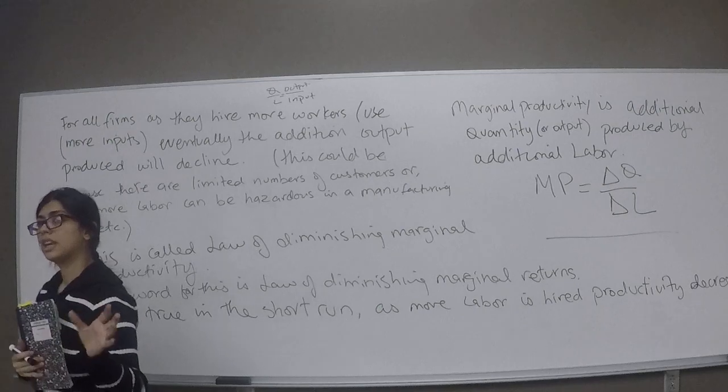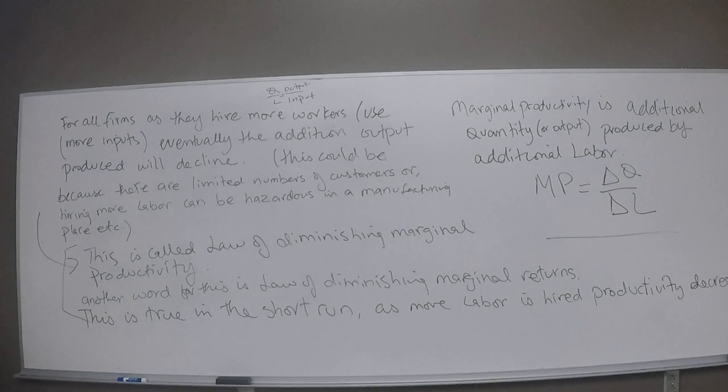Now it's important to keep in mind the short run and long run, because as we move forward, right now we're talking about short run, we're going to be talking about long run as well. And I'll tell you exactly what the time frame is for a short run and for a long run. But in the short run, as we hire more labor, productivity decreases, and that's called the law of diminishing marginal productivity.